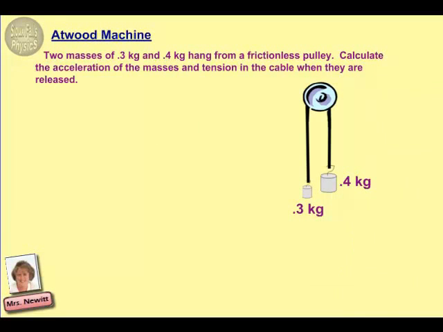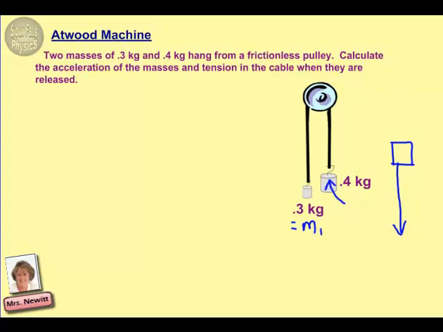Now the first thing we need to do is draw a pair of free body diagrams. We'll begin with the larger mass over here. Notice that the first piece of information that we would want would be to add the weight. And in this particular case, we do need to label which one we want to be object 1 and object 2.